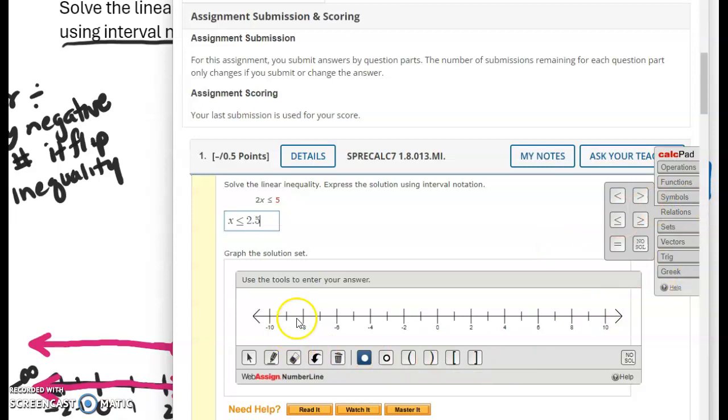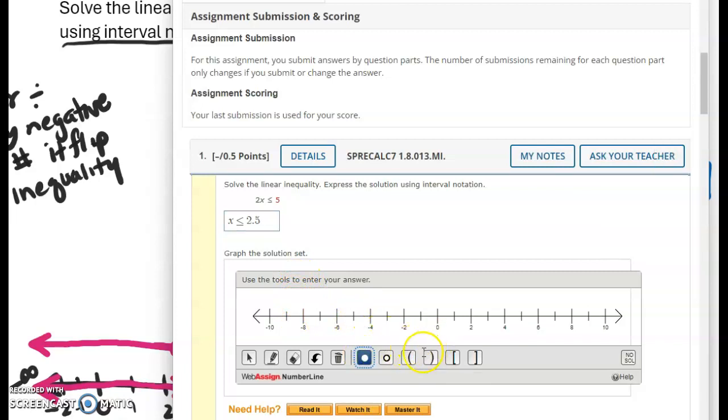And then over here, now I'm going to go to graph it, and I want a closed circle, and I want in between 2 and 3. So I'm going to try to do right there in the very center. And then let's see, what can I draw?